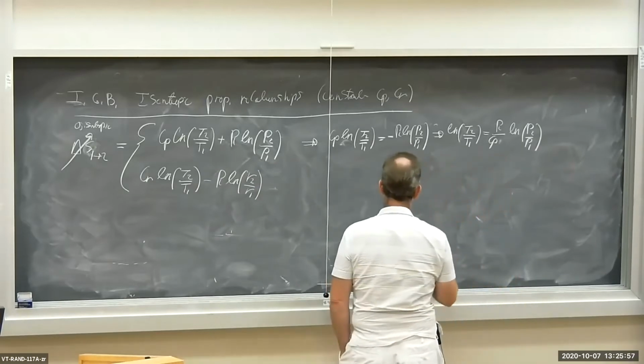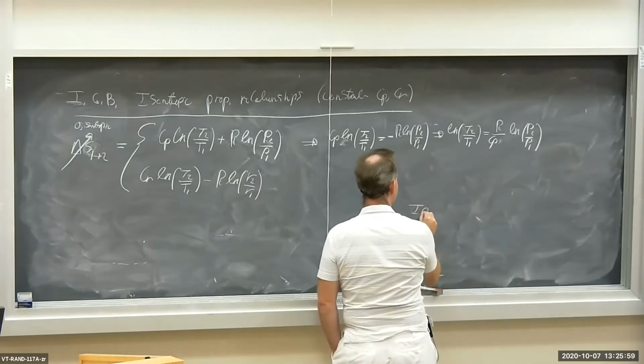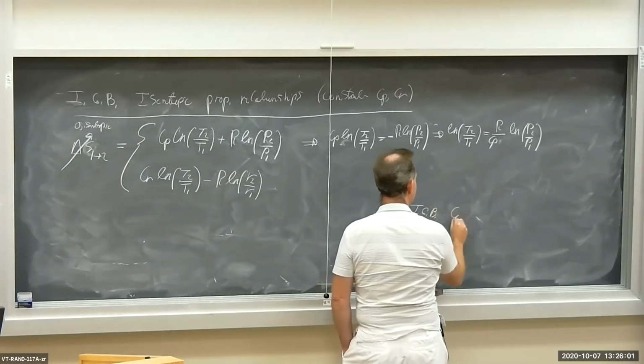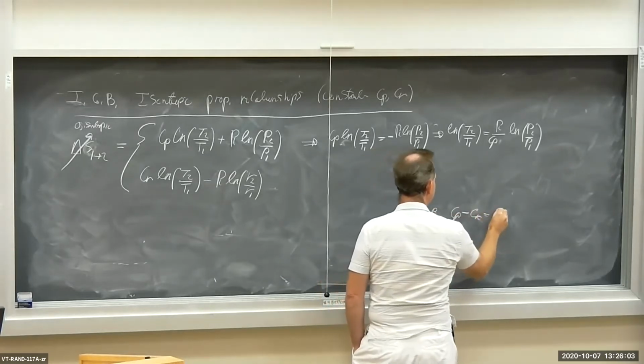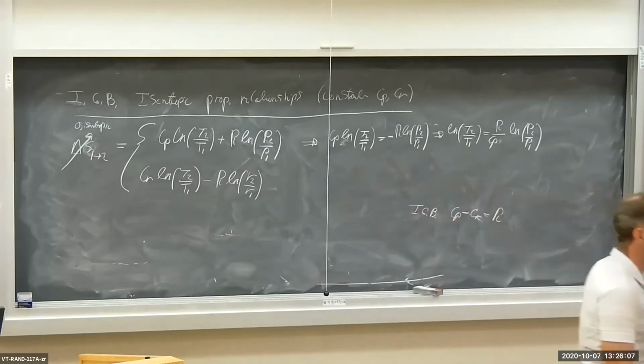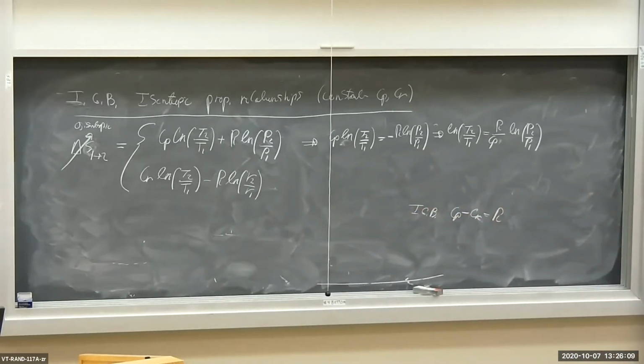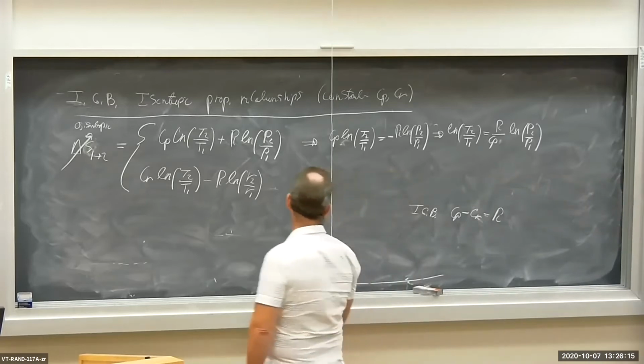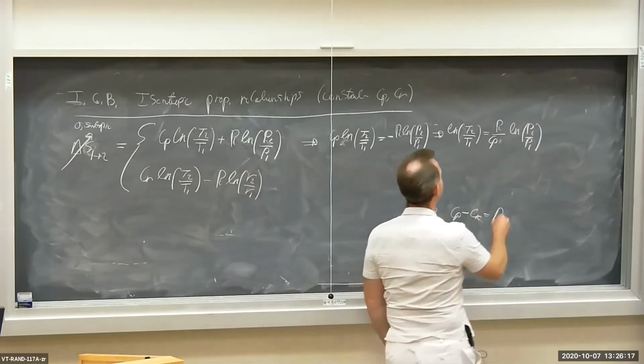Recall, for an ideal gas, Cp minus Cv is equal to R. Or if you like, Cp is equal to Cv plus R. We had that result several weeks ago, a long time ago.